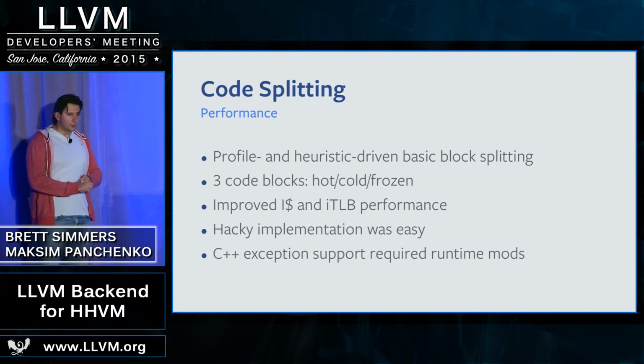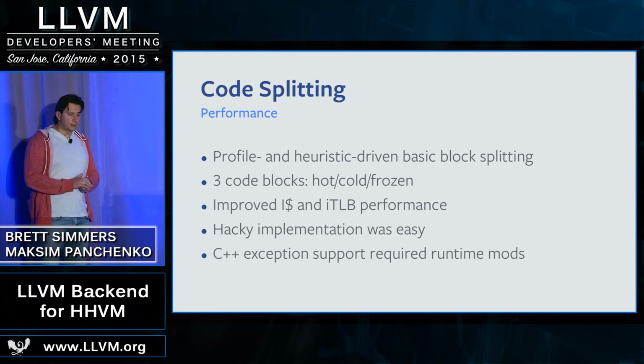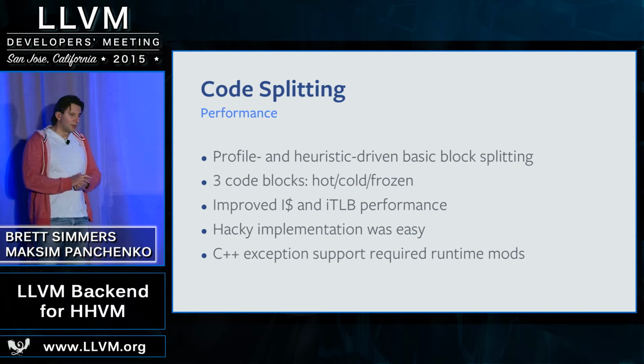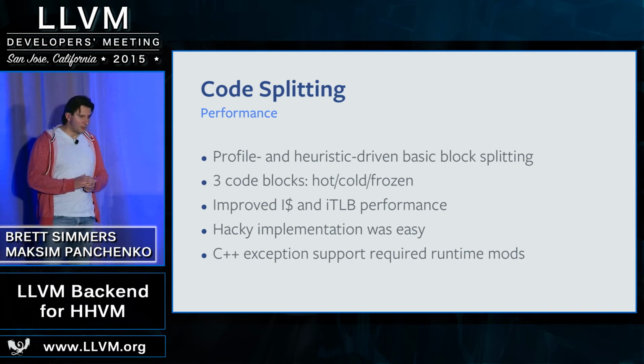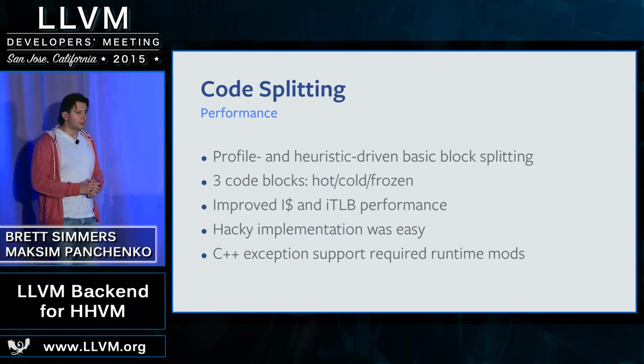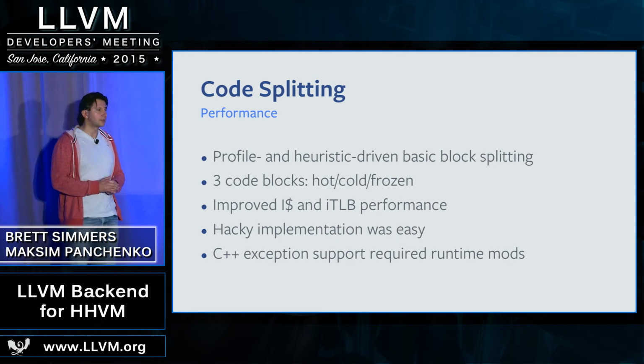And we had this optimization done at LLVM in a short amount of time, I would say, but we also had to add C++ exception support. This was way more difficult because to modify the way they work and to make the function cover non-contiguous range proved to be very difficult with the current interface.